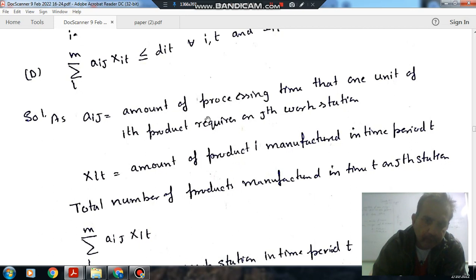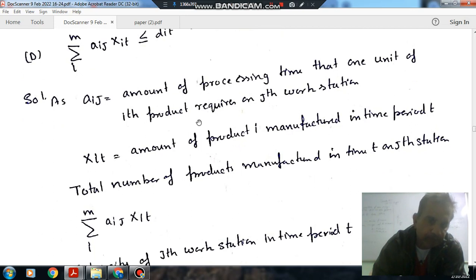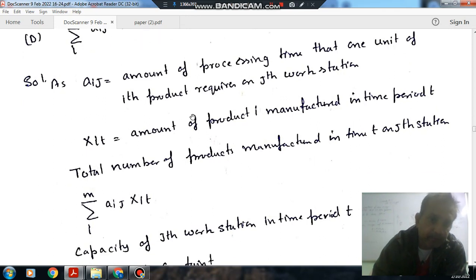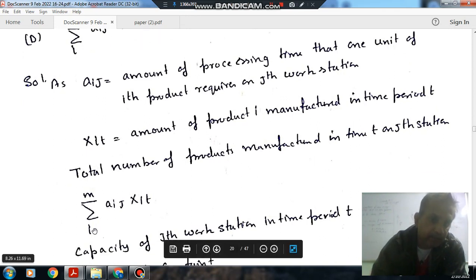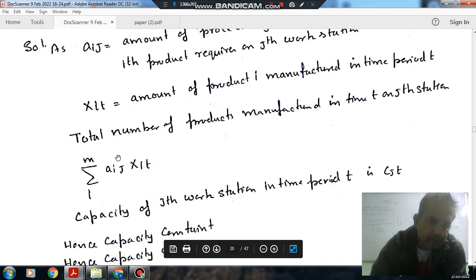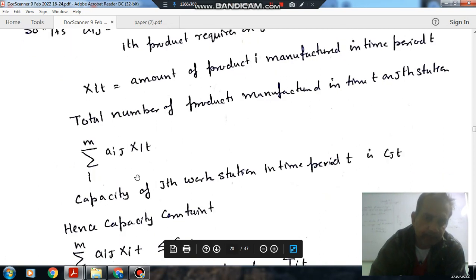So the total time will be the multiplication of the two for the ith product, and as i varies from 1 to M, the total time on workstation j will be the sum of Aij Xit.